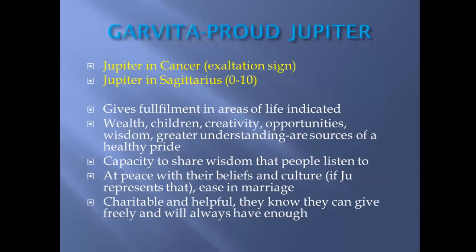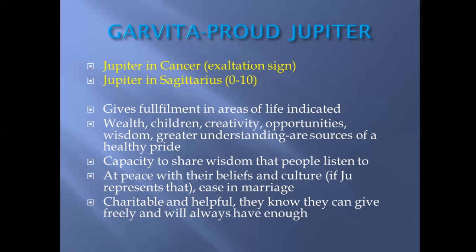Now, when we've got Garvita or proud Jupiter, this happens when Jupiter is in Cancer, its exaltation sign, or when Jupiter is in Sagittarius, so 0 to 10 degrees of Sagittarius. So a proud Jupiter is going to have fulfillment in the areas of life where this occurs.